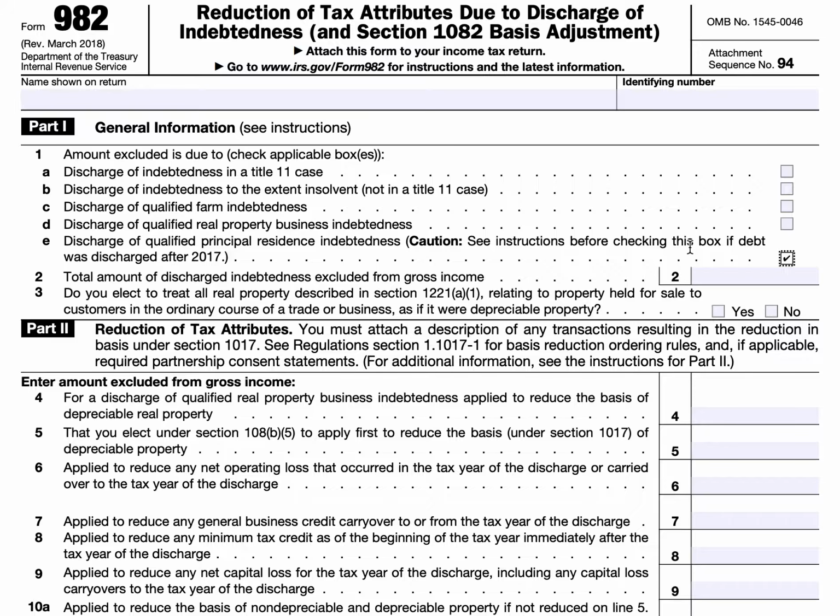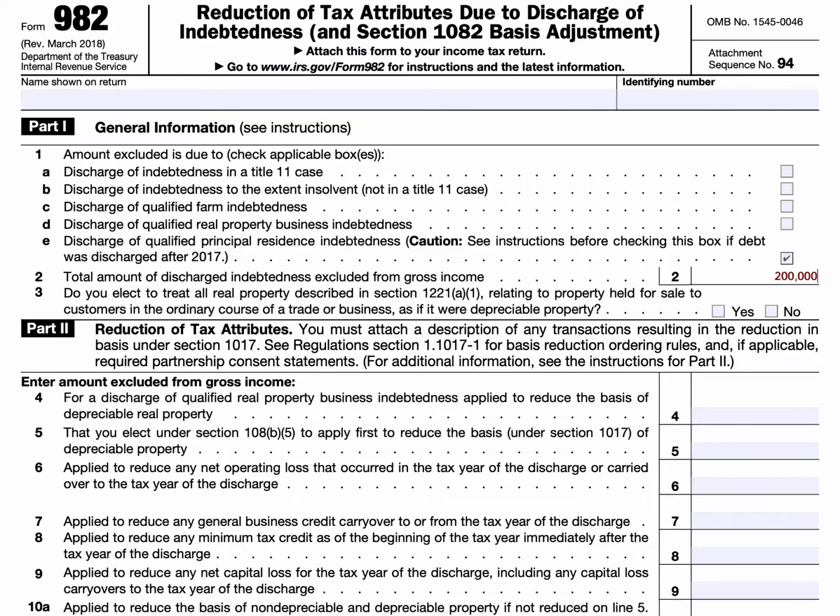So in line 2, you're going to enter the total amount of discharged indebtedness that you would like to exclude from your gross income. We'll just say that this is $200,000 that we've gotten the bank to write off. We've got it documented in our Form 1099-C, which is the cancellation of debt tax form you would expect to see at the end of the tax year.